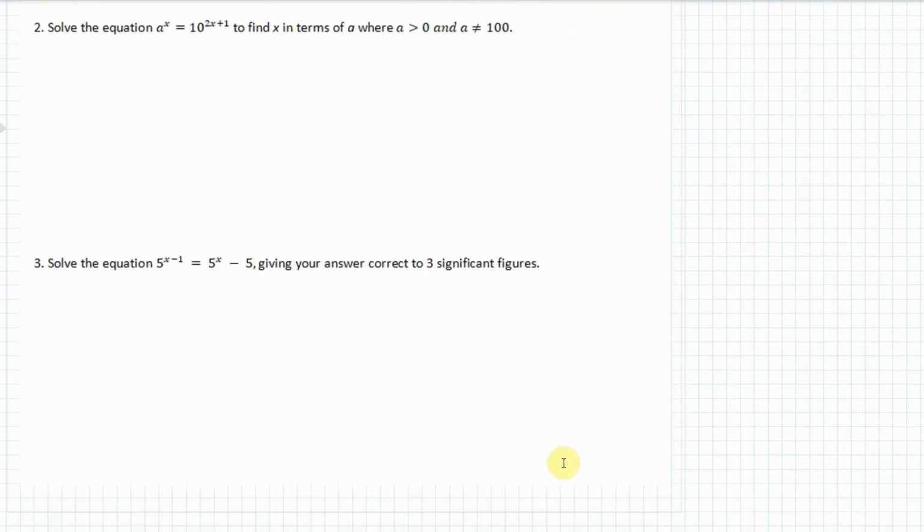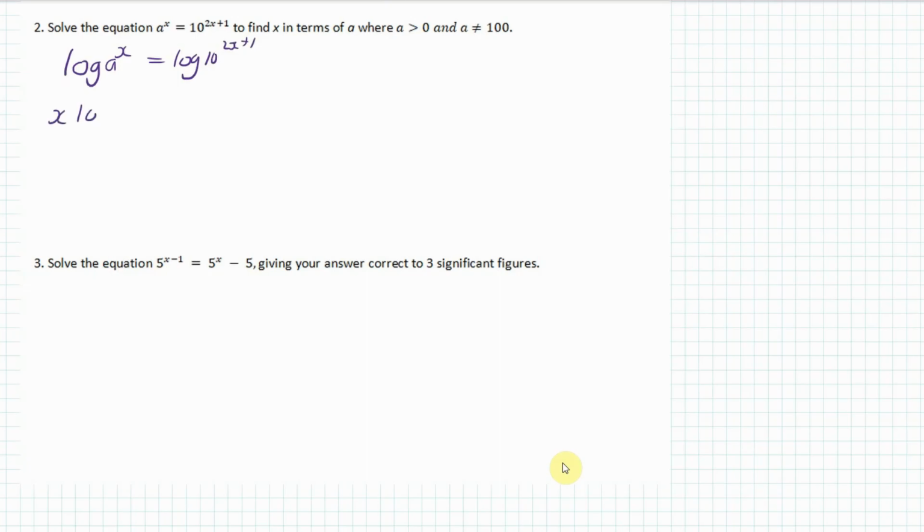Moving on, we've got to solve this equation and find x in terms of a, where a is greater than 0 and a does not equal 100. What I think we want to do is take a log of both sides: log of a to the x equals log of 10 to the 2x plus 1.